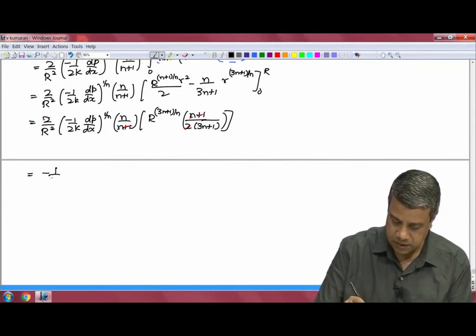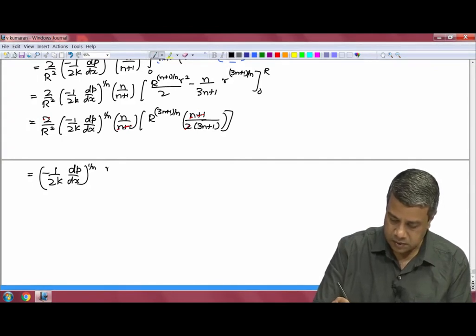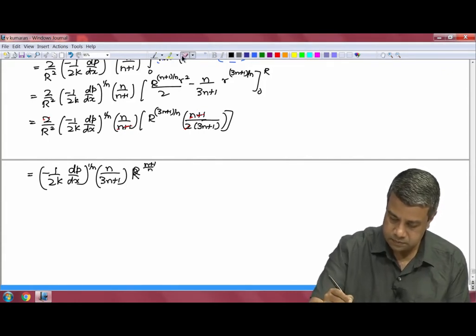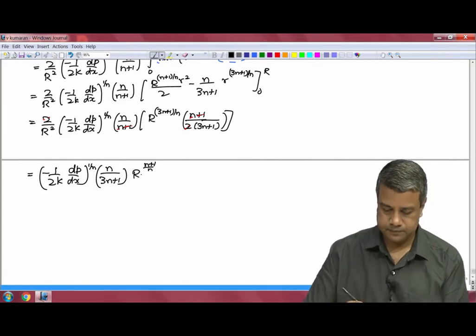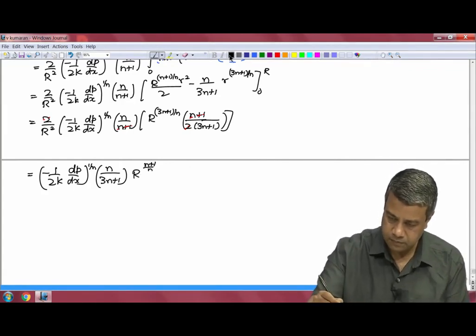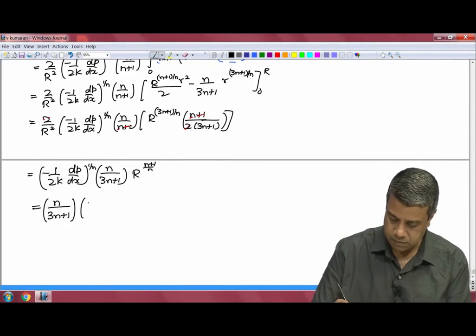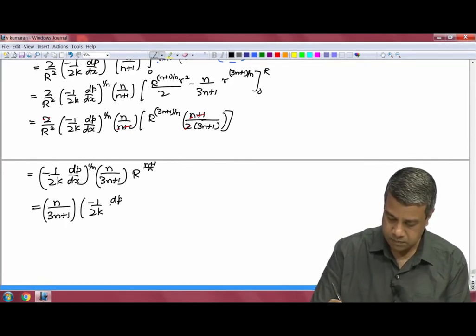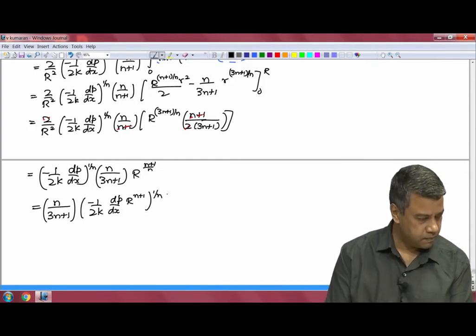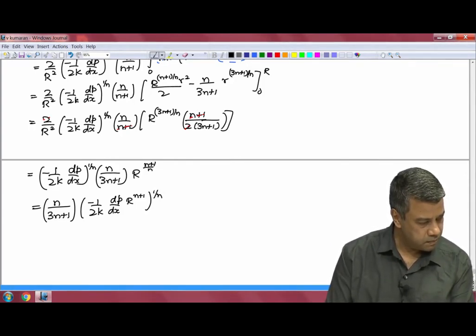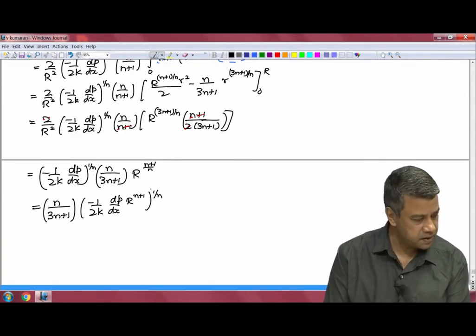So, it is equal to minus 1 by 2k dp by dx whole power 1 by n into n by 3n plus 1 into r power n plus 1 by n. Okay, so that is the final expression for the average velocity.